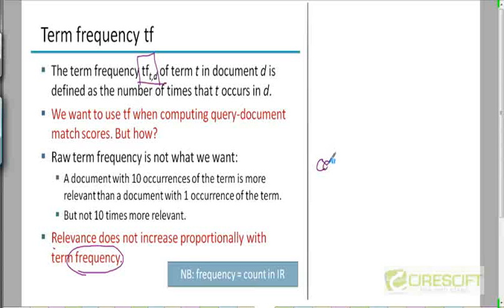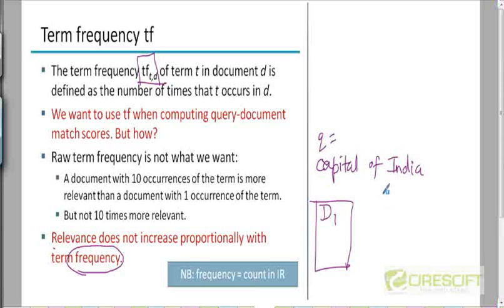For example, if you take a query like "capital of India", and you have a document D1, then we can say that the score between this query and this document is the term frequency of capital in the document, plus the term frequency of the term "of" in the document, plus the term frequency of the word India in the document.